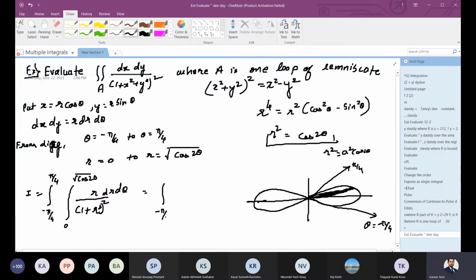So 1 plus r square, if I put this as t, multiply and divide by 2. So 1 plus r square derivative is 2r dr. So 1 upon t square integration is minus 1 upon 1 plus r square, limits from 0 to under root cos of 2 theta, d theta.